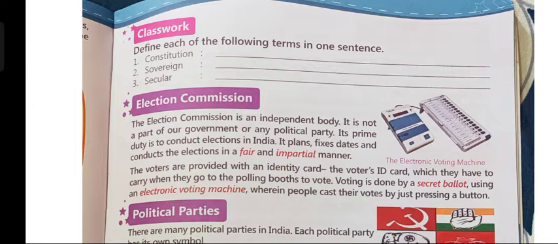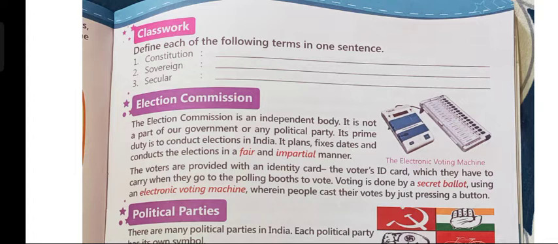Now, voting is done by a secret ballot where the electronic voting machine or EVM is kept. So, voters have to cast their vote by pressing a button. As you can see in your book, children, an image of electronic voting machine or EVM is given.